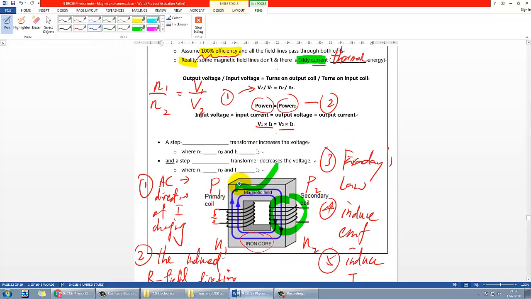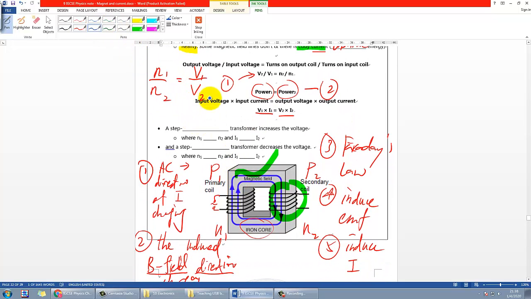Okay. And now let's take a look at the names. Again, step up or step down. Here it says increase the voltage, so this must be stepping up. Step-up transformer. Step-down transformer decreases the voltage. In terms of the number of turns, for stepping up you have more turns later on, right?